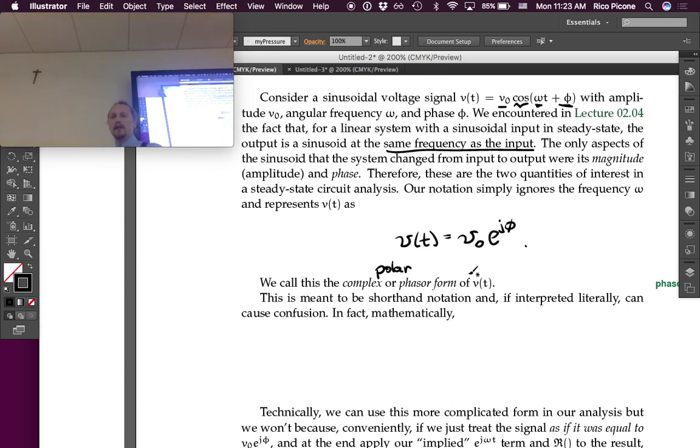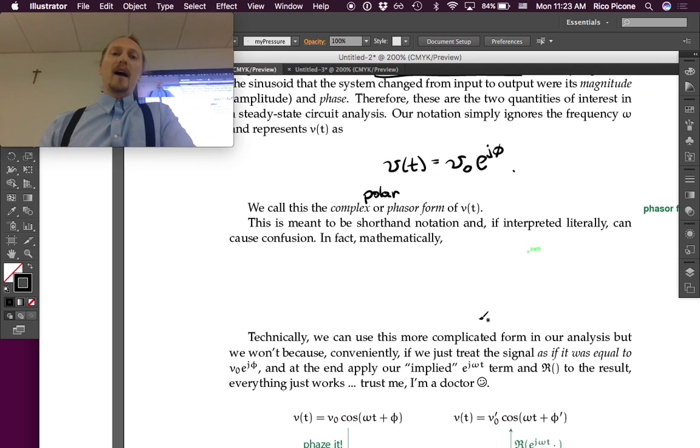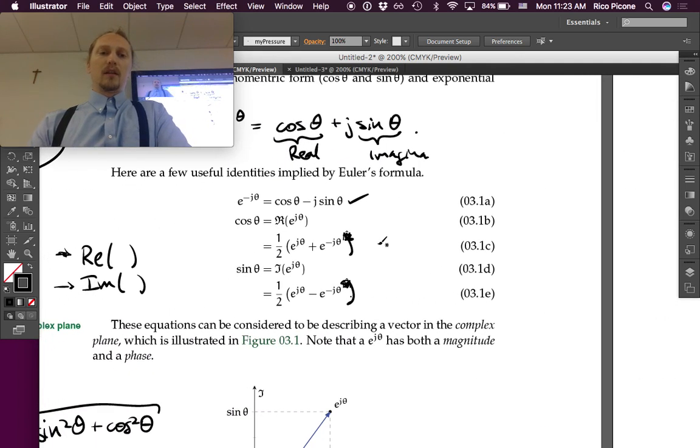This phasor form of the voltage is meant to be shorthand notation, and if interpreted literally can cause confusion. In fact, mathematically, based on how we defined it, if we look back over here, we said cosine is the real part of e to the j theta.